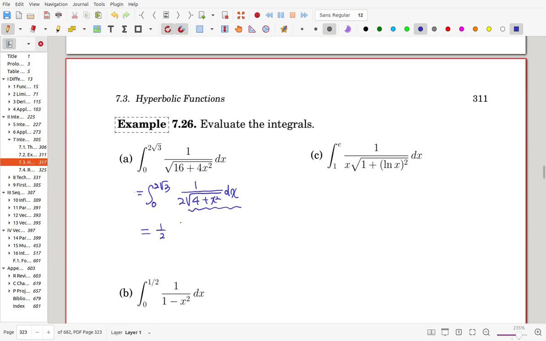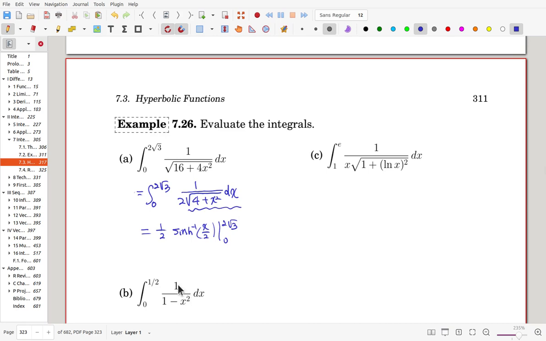So that is now inverse sine hyperbolic of x over a is 2, and then we are evaluating from 0 to 2 square root over 3, right? You can finish the computation yourself.